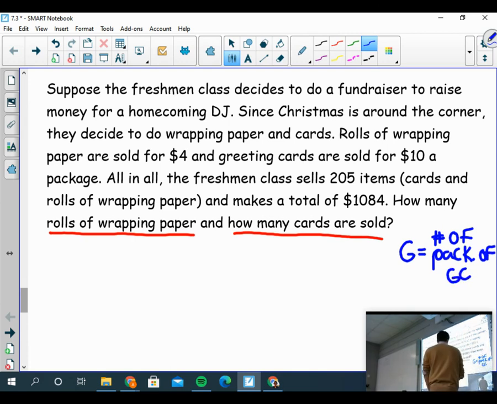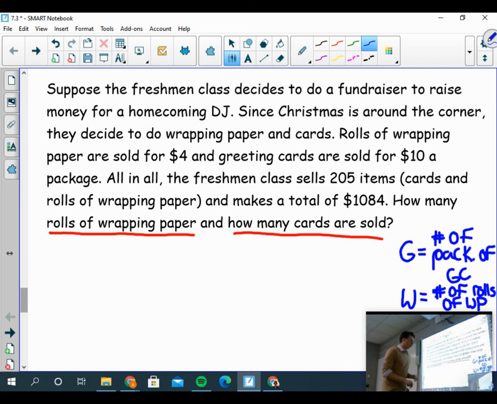And maybe we will call rolls of wrapping paper W, the number of rolls of wrapping paper.